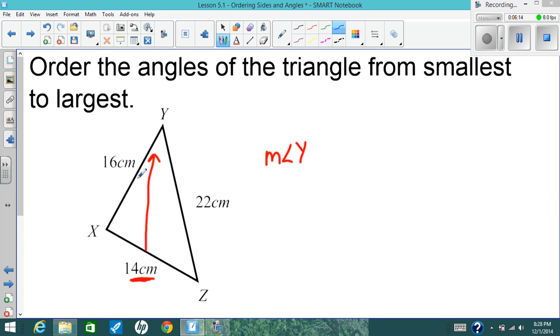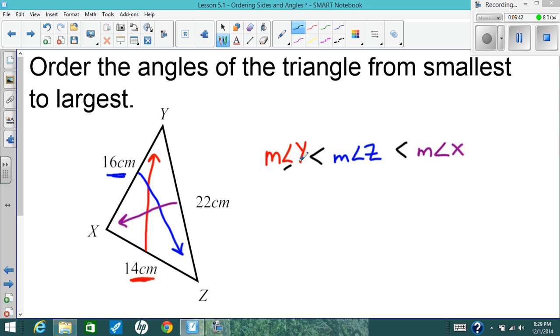The next smallest, or the next biggest, whichever way you want to say it, is 16. The angle across from that side is angle Z. And last but not least, the biggest side is 22, and the angle across from it is angle X. So we can write this in inequality.